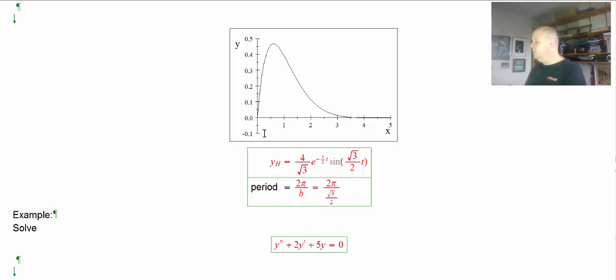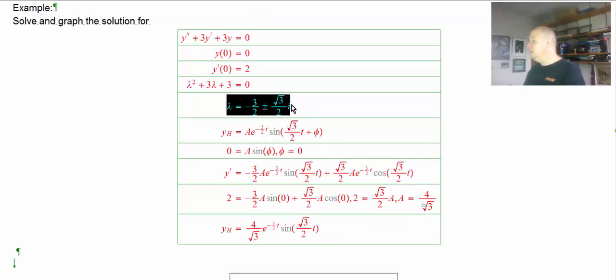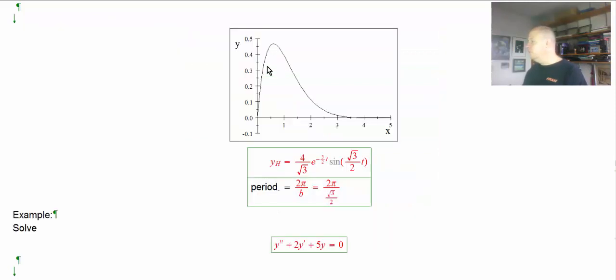Some of the things, though, that we can see from this graph. As soon as I got the eigenvalue, I knew that because the real part of the eigenvalue was negative, it was going to go to 0. Because I got complex conjugate eigenvalues, I knew it was going to oscillate to 0. I also, from the initial condition, knew it was going to go through the origin with a slope of 2.